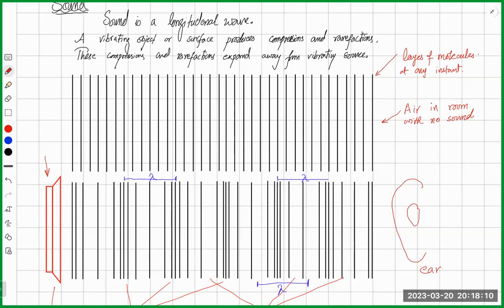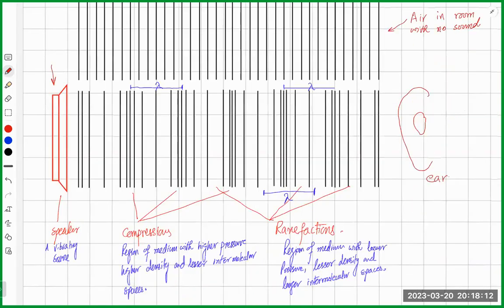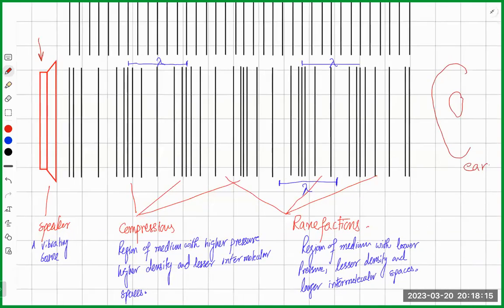Now, this is a diagram. When the speaker is turned on, at any particular instant, we can have compressions and rarefactions. Now, from the center of compression to the center of compression is lambda, or from the center of rarefaction to the center of rarefaction is also lambda.